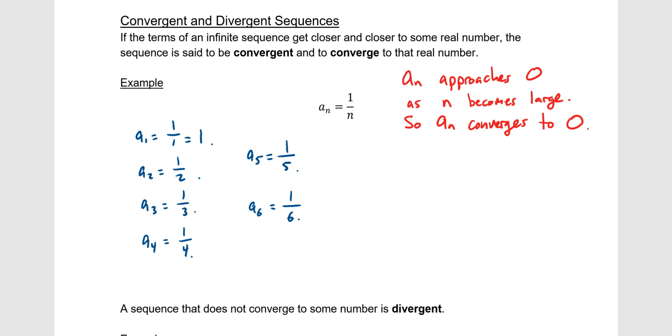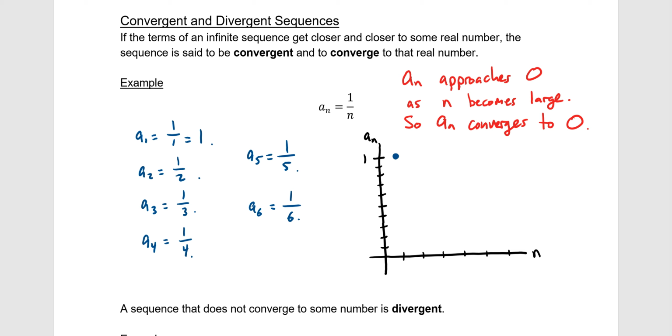So what we can also do is make a little graph of these. The x-axis is going to represent the values for n, and the y-axis is going to represent the values for a sub n. Just plotting some points here, the first one, n was 1, a sub 1 was 1, so that's going to be all the way up here.